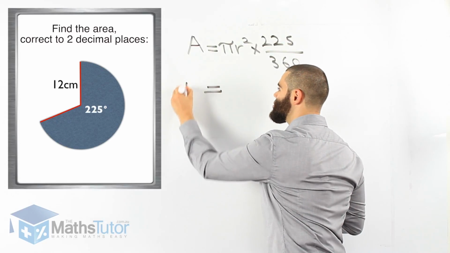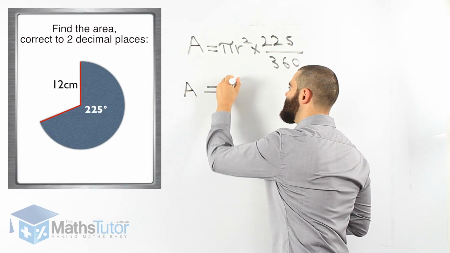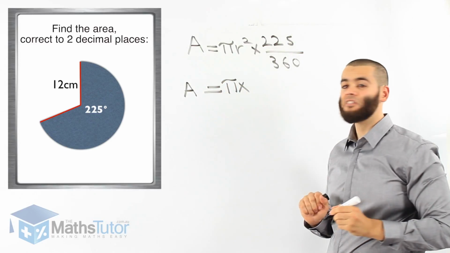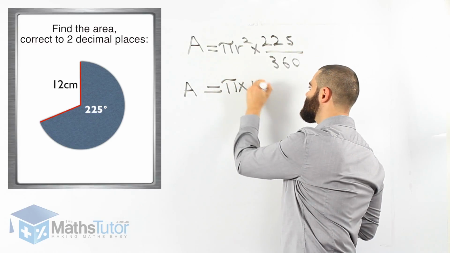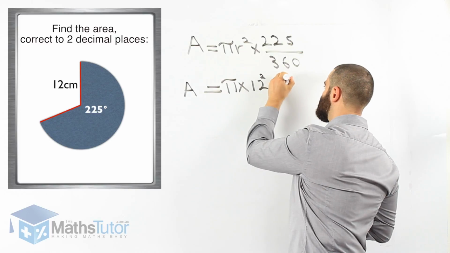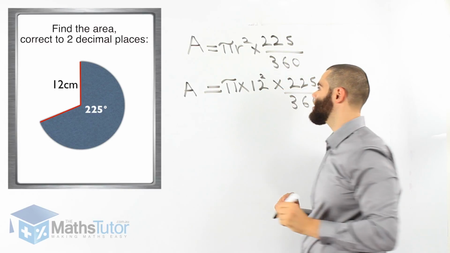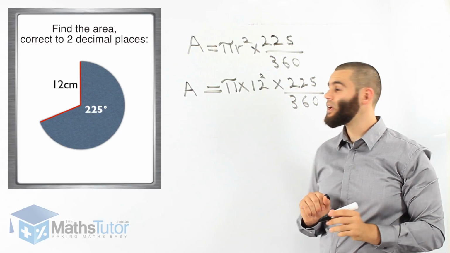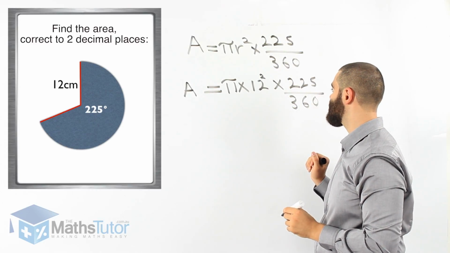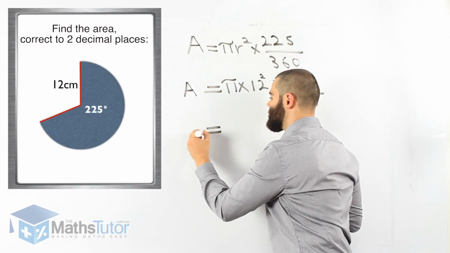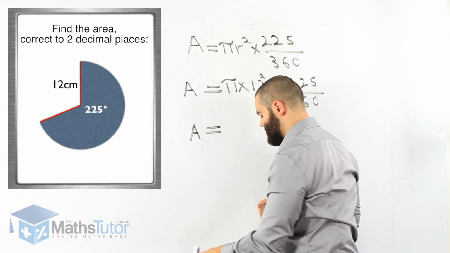We substitute our information. Pi times the radius, which is 12, times 225 over 360. And we grab our calculator and do it straight away.